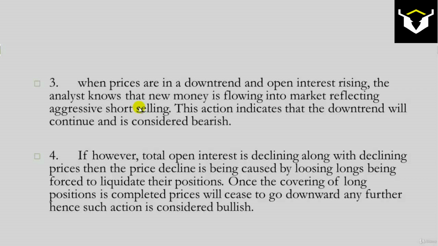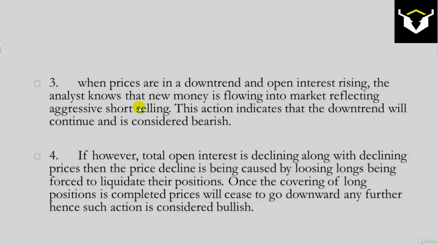So if a downside move is supported by decreasing open interest, meaning open interest is contracting, this definitely tells us this downside move is fueled by people who want to close their positions, who don't want to create new positions because they think prices will continue to go downwards.